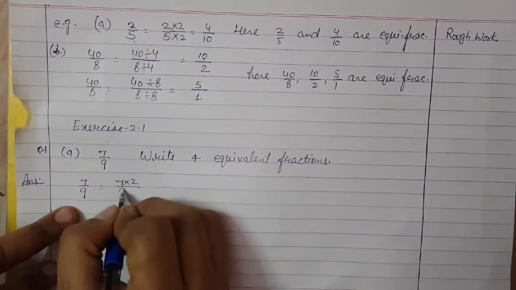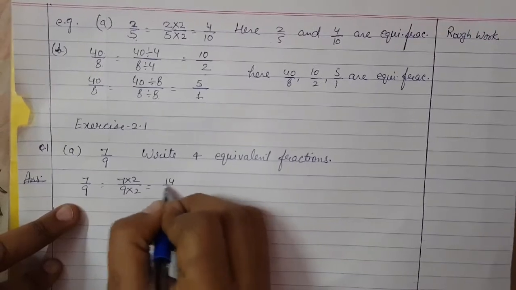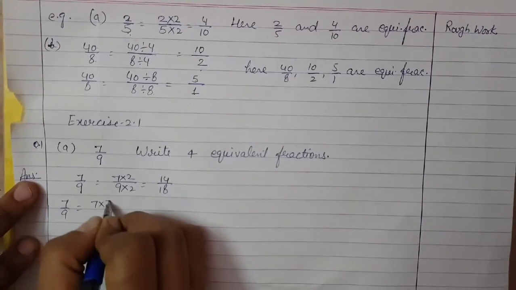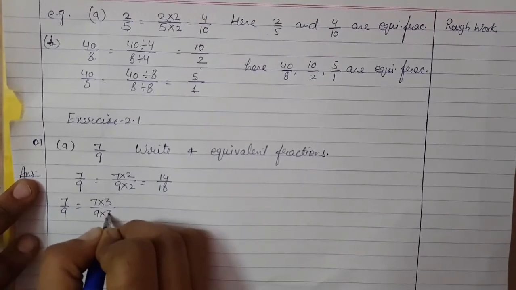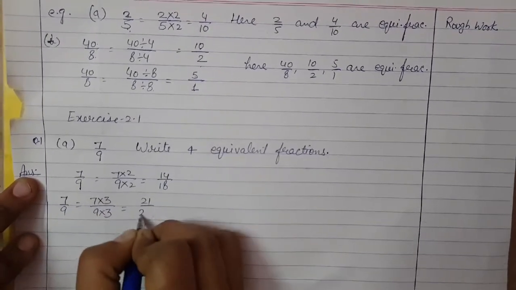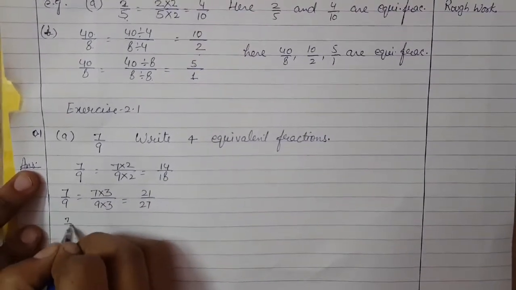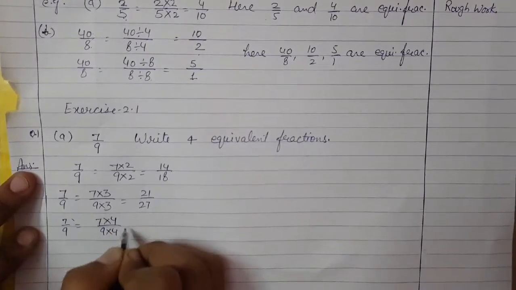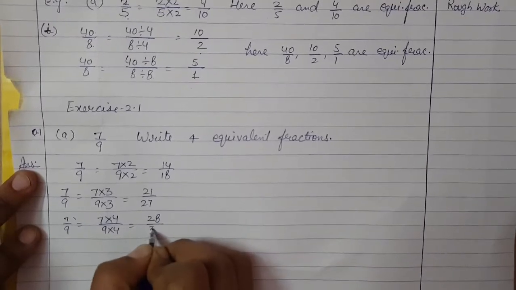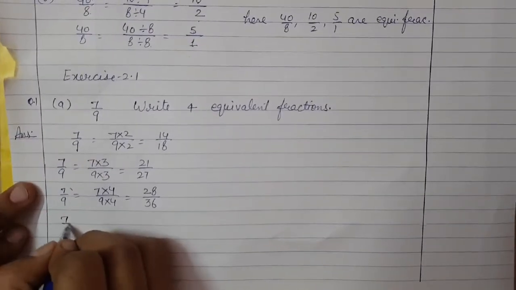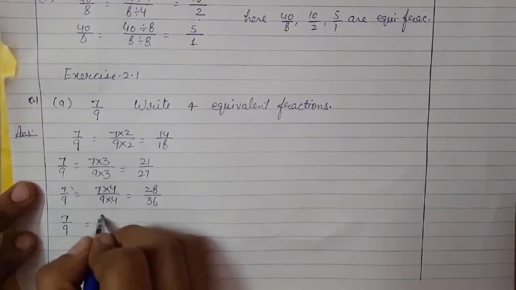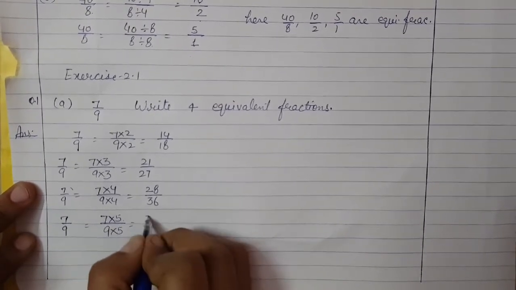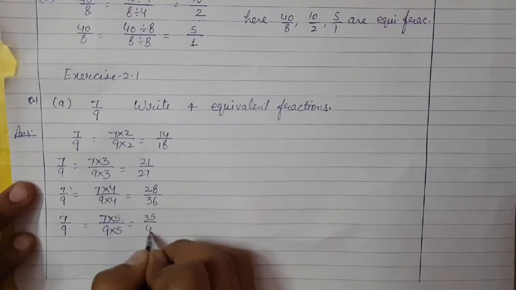First of all, I am multiplying with 2. 7 2s are 14, 9 2s are 18. Again, I am multiplying with 3. 9 3s are 27. Again, I am multiplying with 4. 7 4s are 28, 9 4s are 36. And to get the fourth equivalent fraction, 7 into 5 upon 9 into 5. 7 5s are 35, 9 5s are 45.